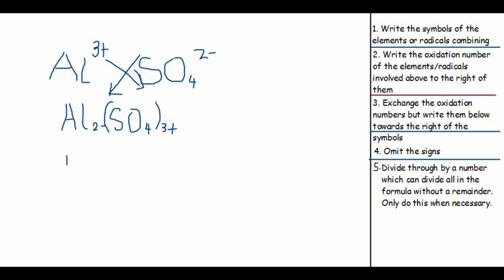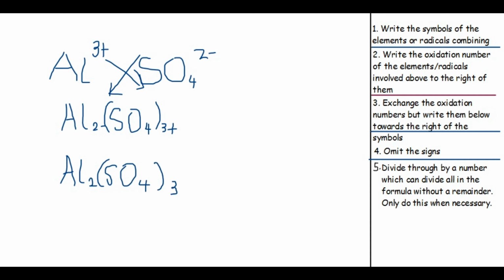Now we are going to omit the signs. I will have something like this: Al2 SO4 3.